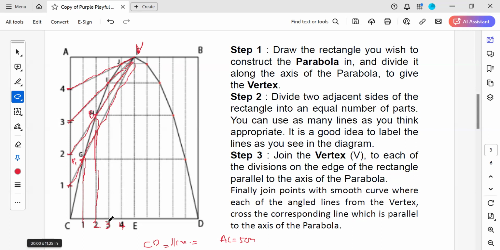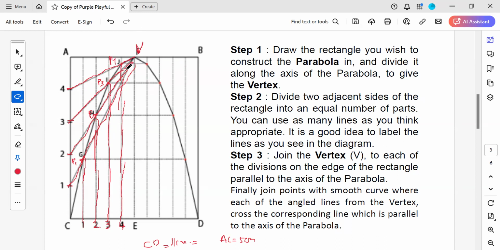Apply the same procedure for all the points. From 3 you draw a vertical line where it meets the third inclined line; that is P3. Similarly, from 4 you draw a vertical line where it meets the fourth inclined line; this is P4.